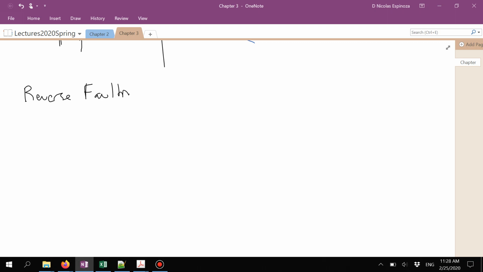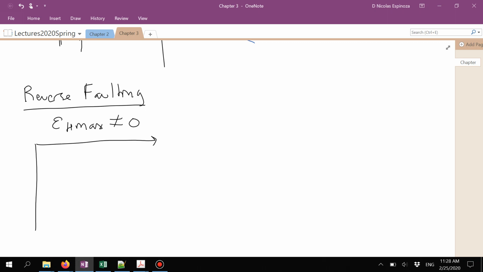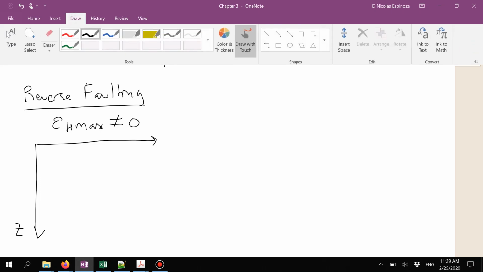If you remember, for reverse faulting we had significant tectonic strains. This is going to be different than zero.